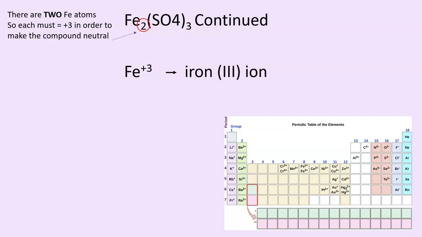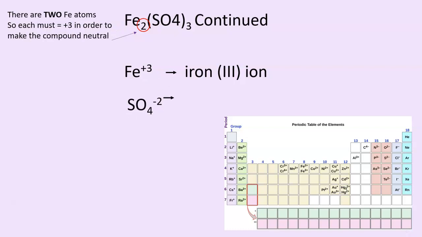If we look down on the periodic table, we see that iron can carry a +2 or a +3 charge. We know that we're using our +3 charge because there are 2 iron atoms, and we need a +6 charge for our cation in order to neutralize our compound from the anion, which was a -6 charge.